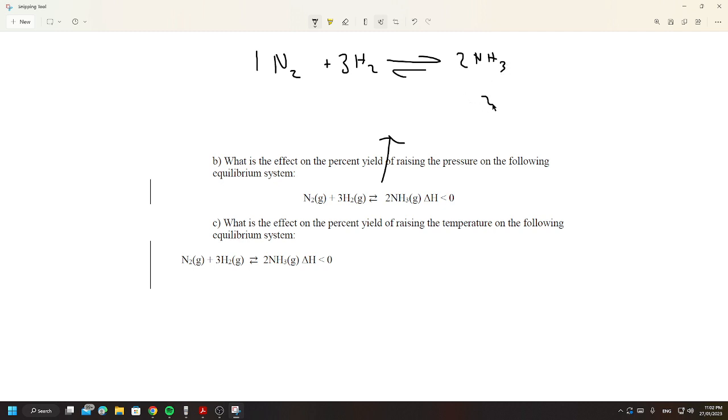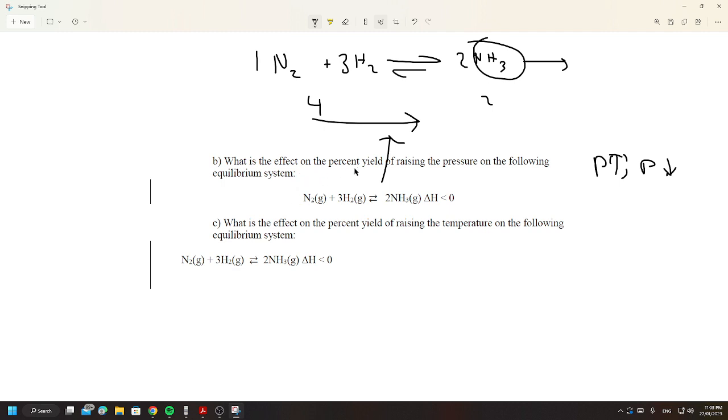Here our total coefficients for the product is 2, and for the reactant it's 4. Here the pressure was increased, therefore the system will try to decrease the pressure, right? So it's going to consume the side with the higher coefficient, right? So the forward reaction is favored, therefore more NH3 is produced, right?